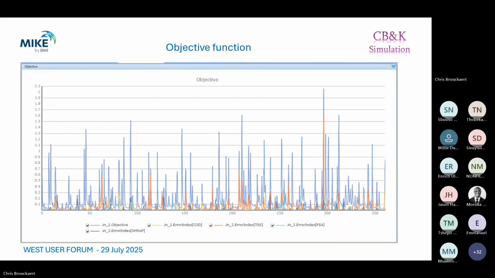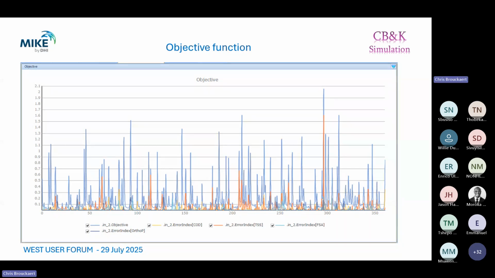So the objective function represents, how can I put it, the degree of inconsistency between the various measurements and the estimates and everything that goes into the fractionation.